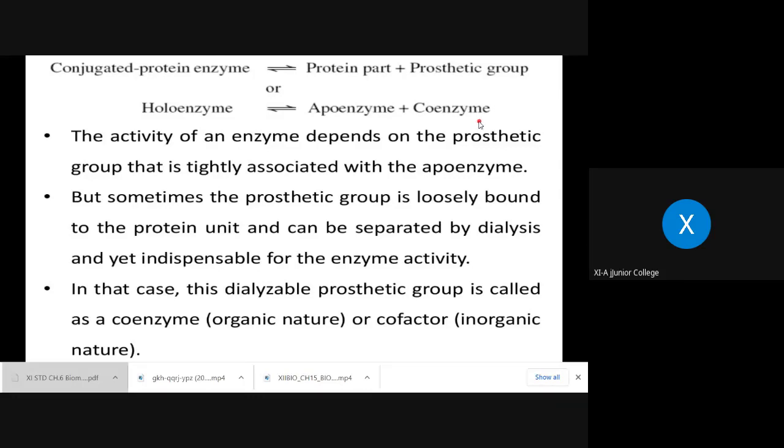So remember, the organic part is the coenzyme, which is tightly bound to the protein part. But cofactors are generally metals, inorganic in nature, and they are loosely bound to the protein part, that is the apoenzyme part. So these two points, the differences between coenzyme and cofactor, which are considered to be prosthetic group, you need to remember.